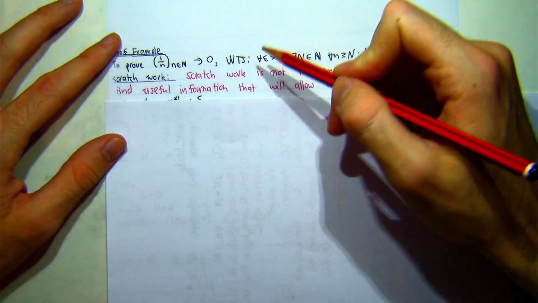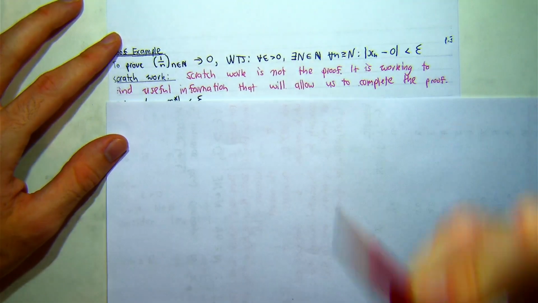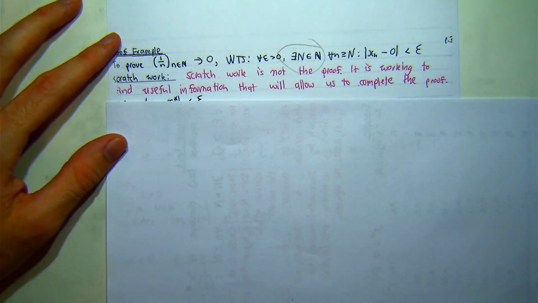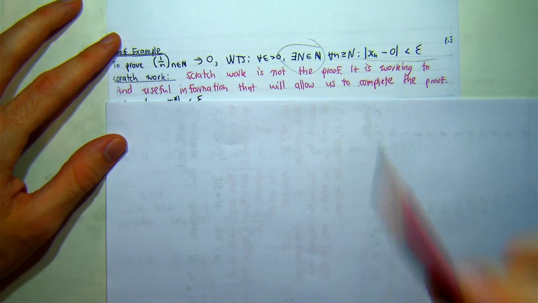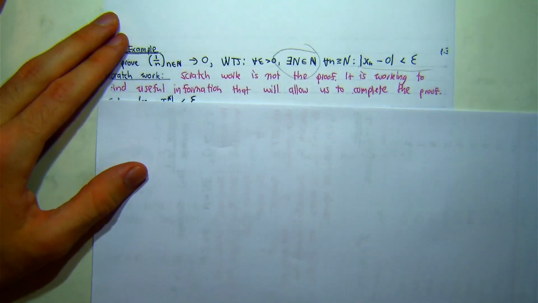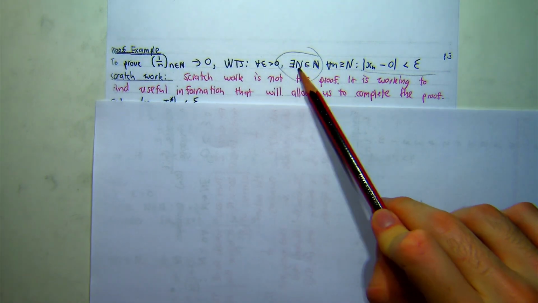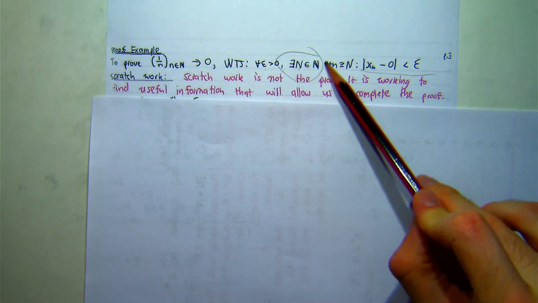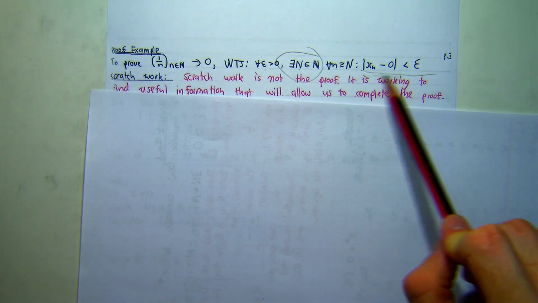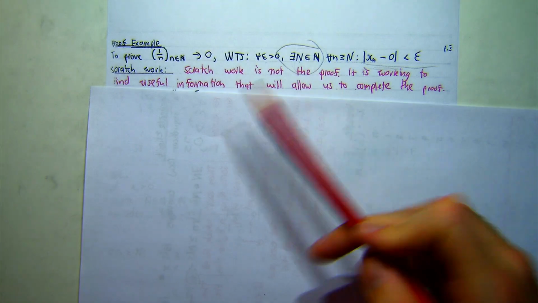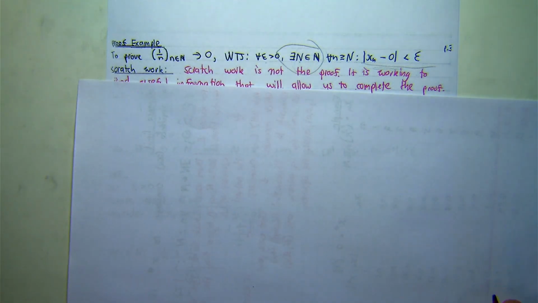So if we let epsilon be just anything greater than 0, what n should we pick to satisfy this rule? The first step in proving sequence convergence is finding out the relationship between n and epsilon, finding the point in the sequence where you get within epsilon of the limit at that point and onwards. Once you've found that point using the scratch work, you then write it out and formalize it in a proof.